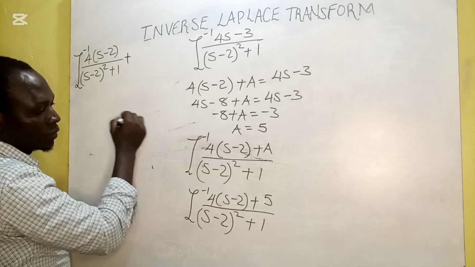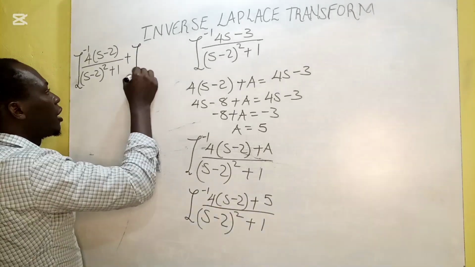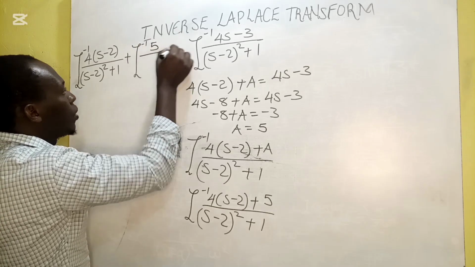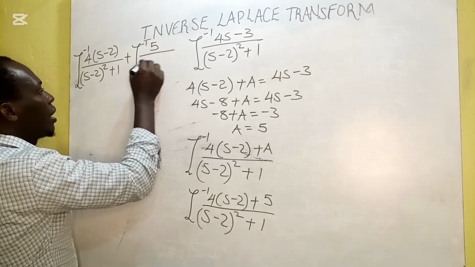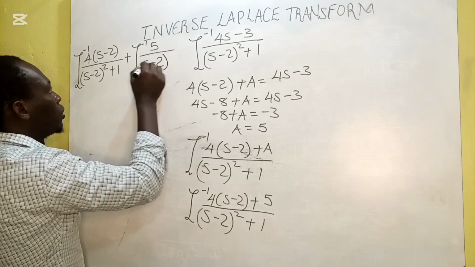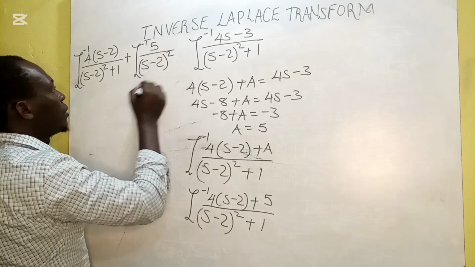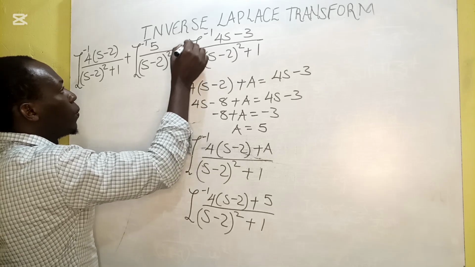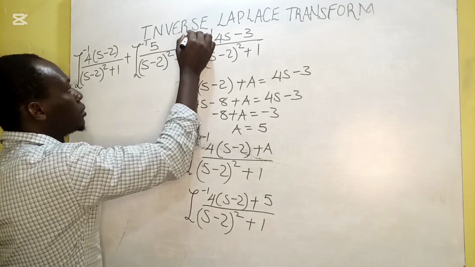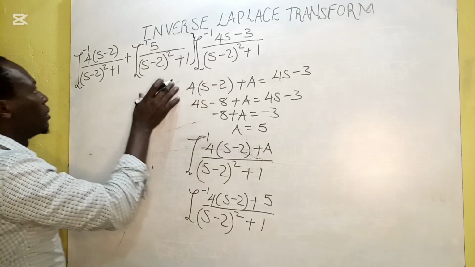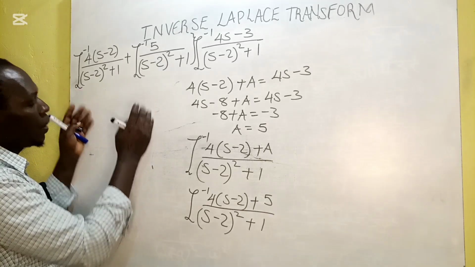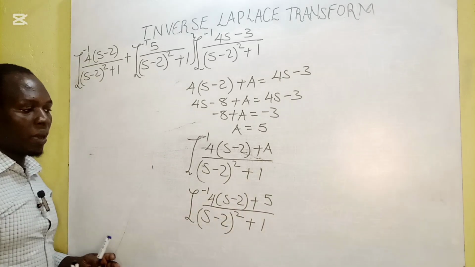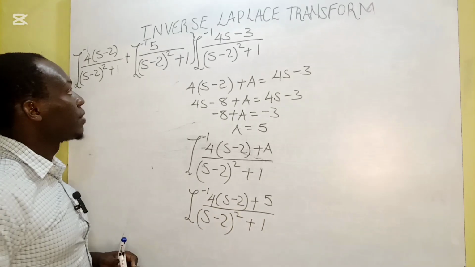We add the inverse Laplace transform of 5 all over s we subtract from 2, everything squared, we add to 1. This is how we can write our function from this point, by expanding those two inverse equations.